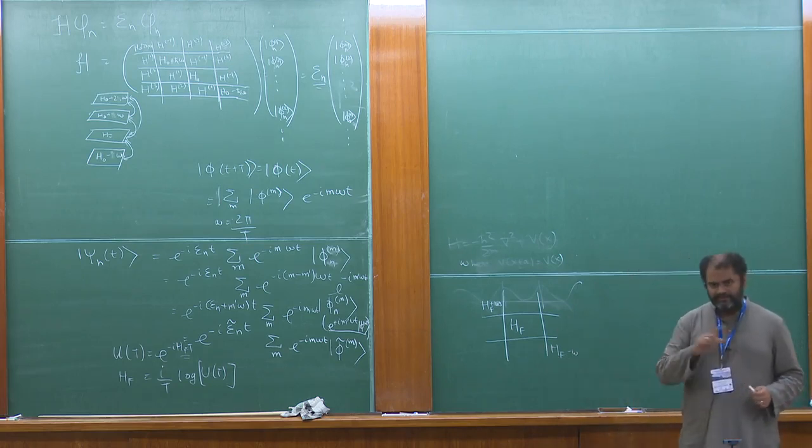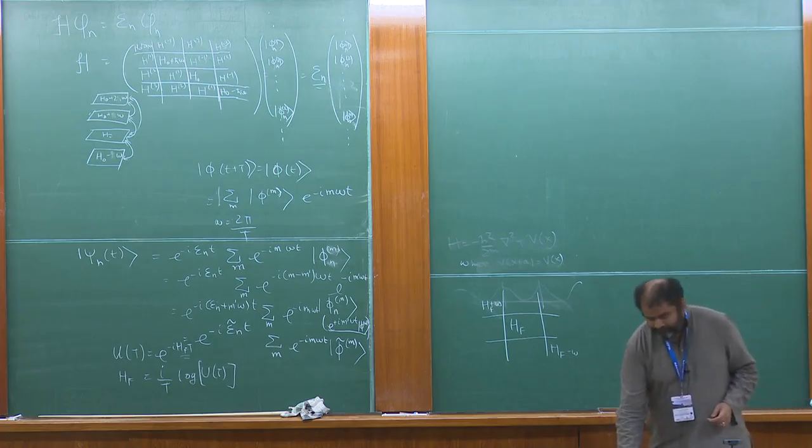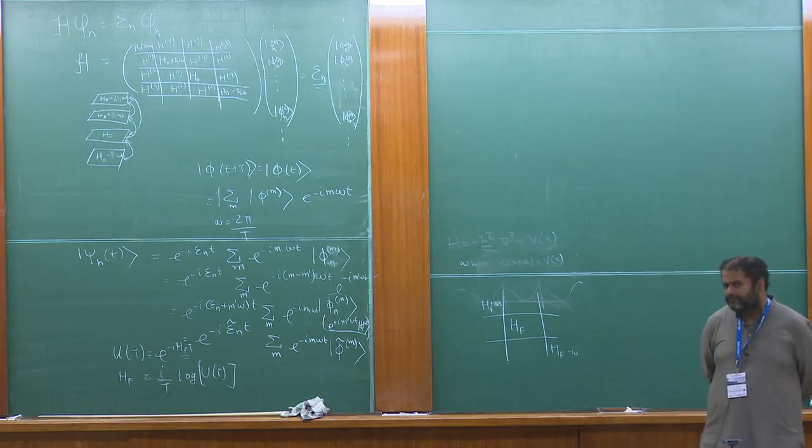Okay. Yes. So Floquet heat death means the initial state is actually spreading over all the block diagonals of the Hamiltonian.